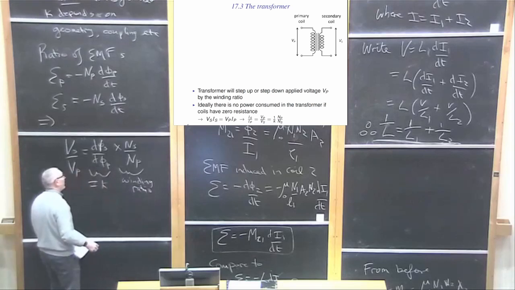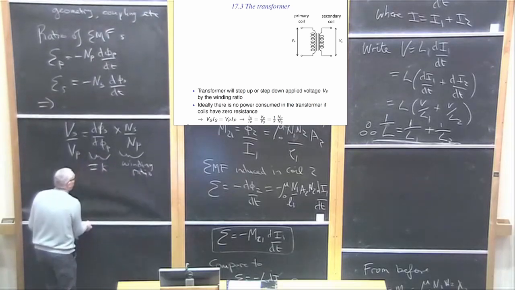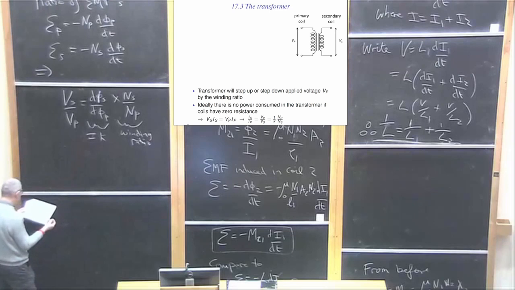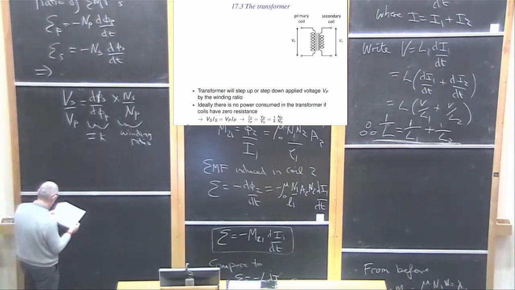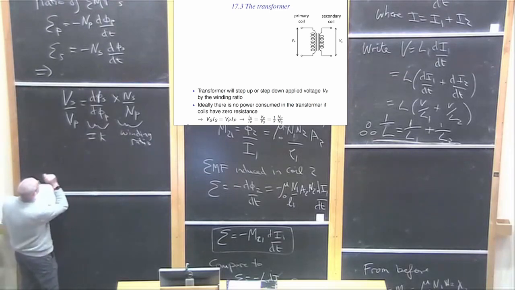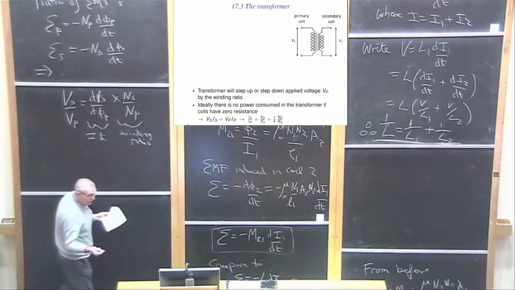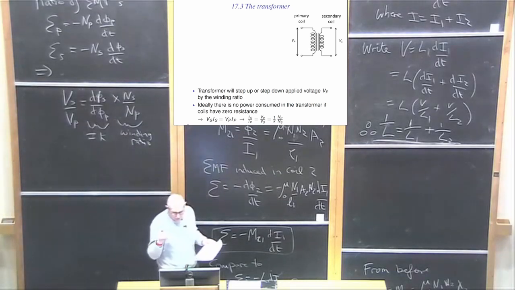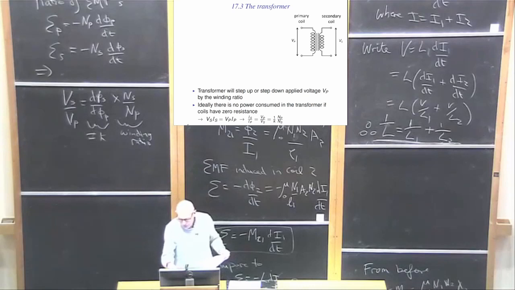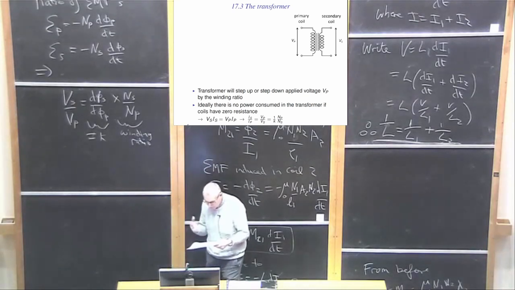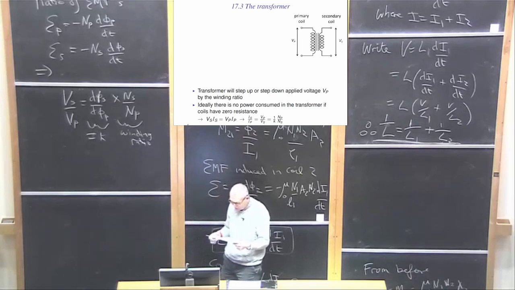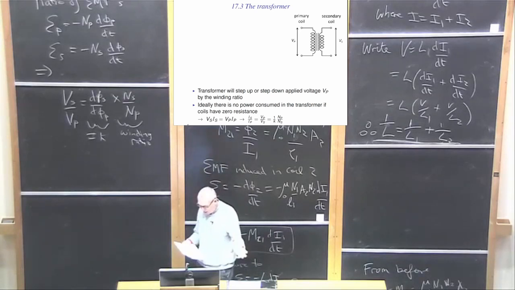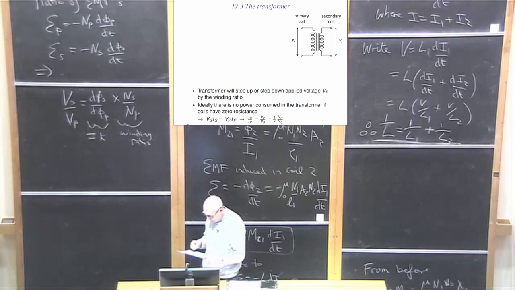What we've got here is that the change of voltage in the secondary coil due to a change in voltage in the primary coil is just equal to the ratio of the turns.